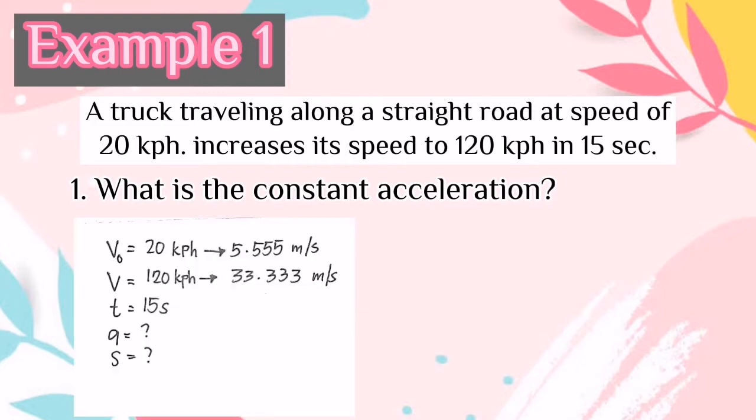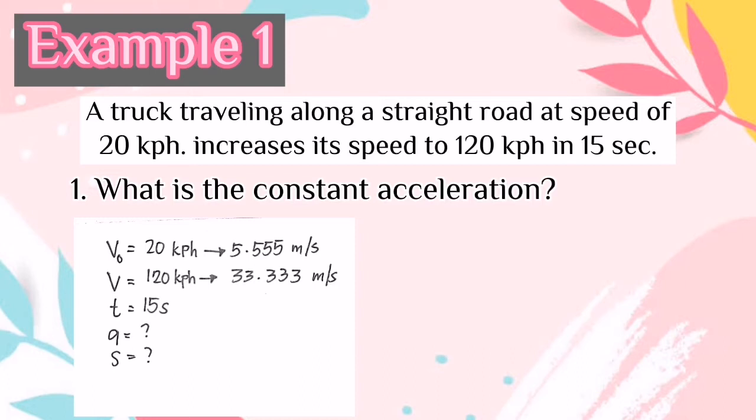Then, dahil naka kilometer per hour ang ating initial and final velocity, i-convert natin siya sa meter per second. So for initial velocity, magiging 5.555 meter per second. At ang final velocity natin ay magiging 33.333 meter per second.